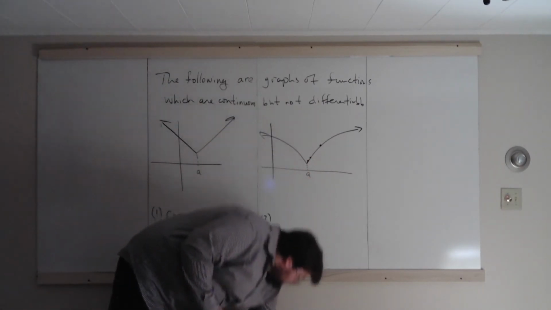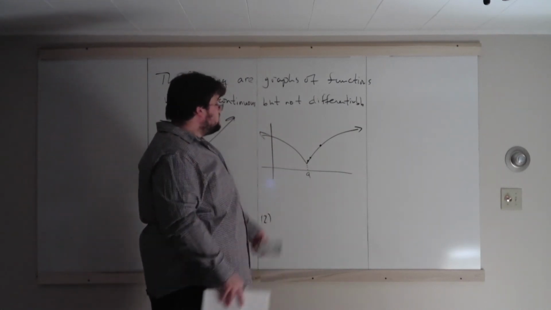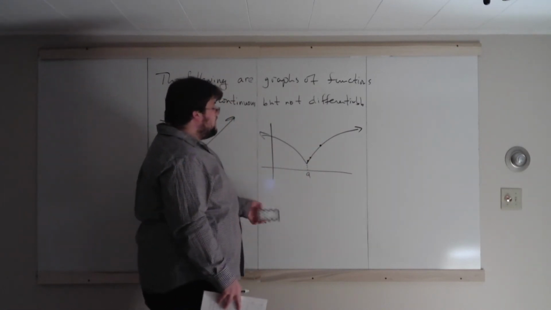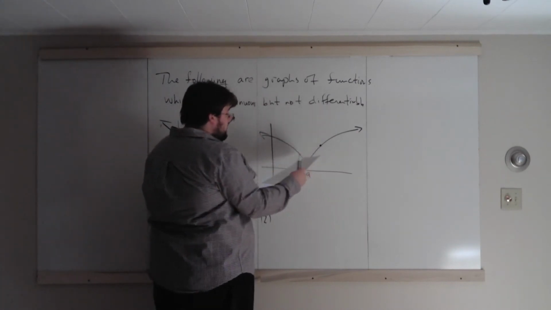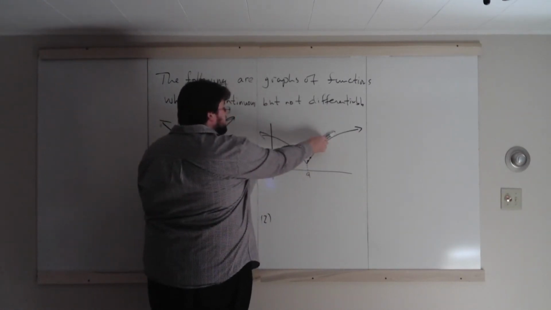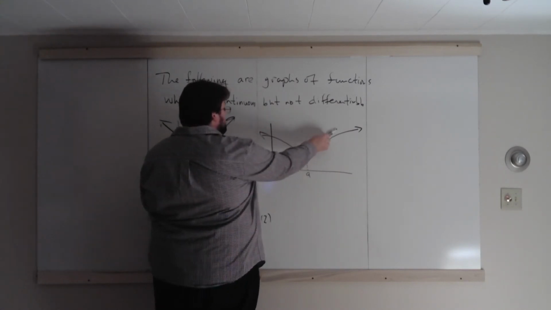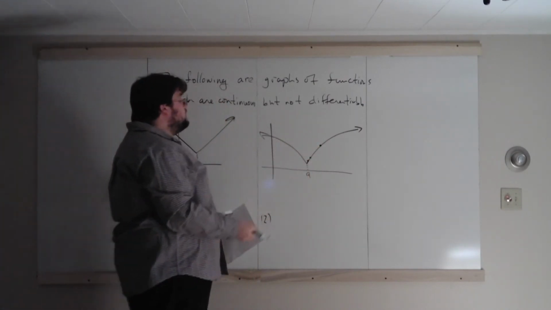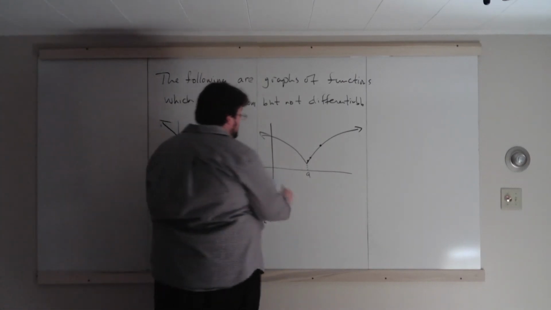So on the right of A, the slopes of these tangent lines start as positive numbers, and then as you get closer to A, they become larger positive numbers. They start like this, a positive number. As you get closer to A, they become more positive. So the slopes on that side go to positive infinity.